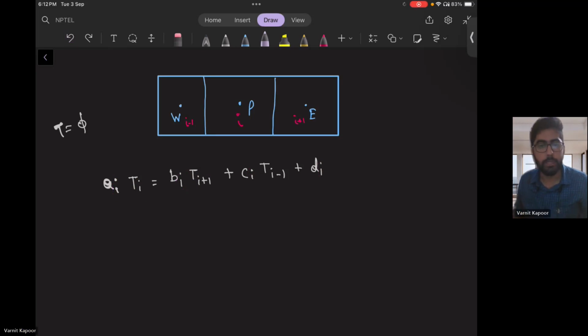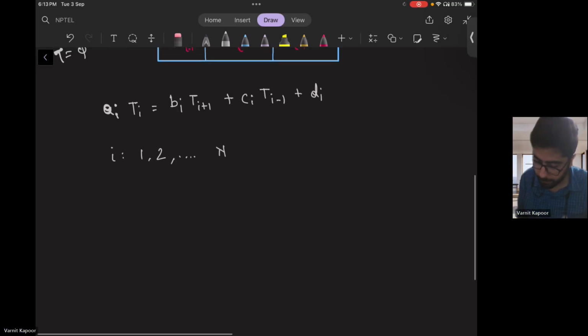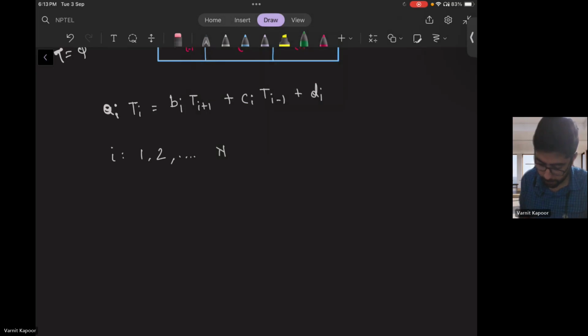Now, i can vary from 1 up to n, where the first and the nth are the boundary nodes.